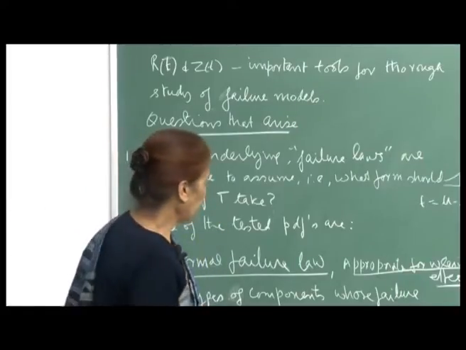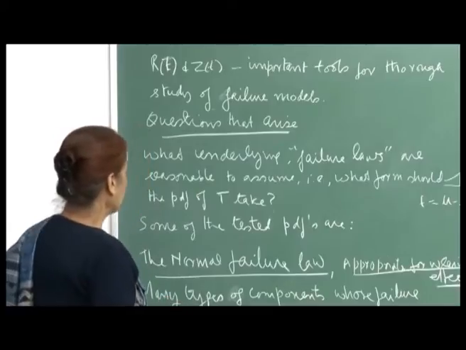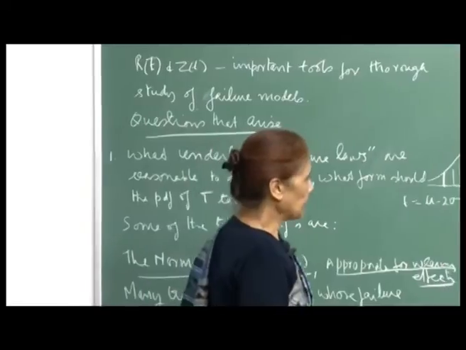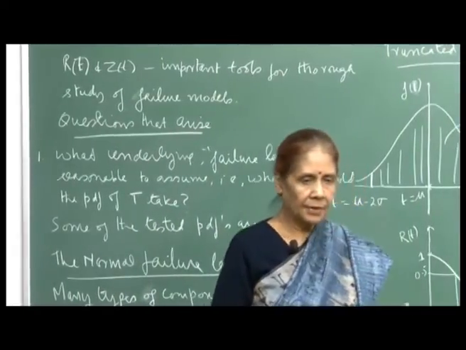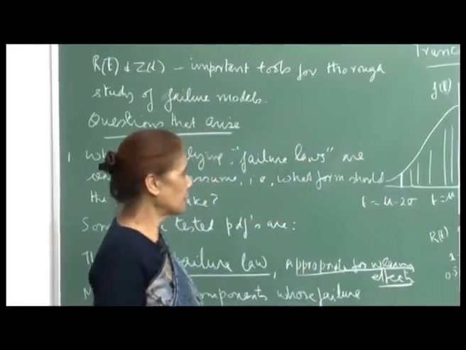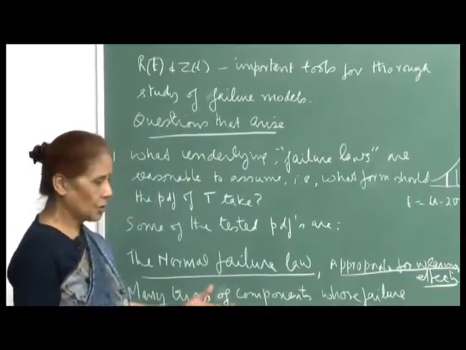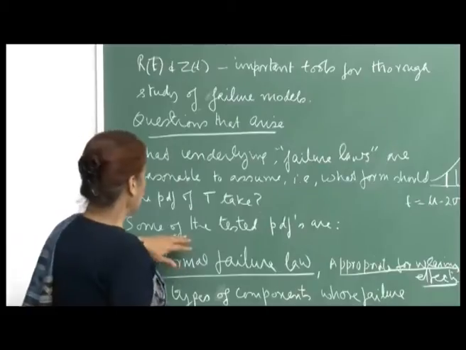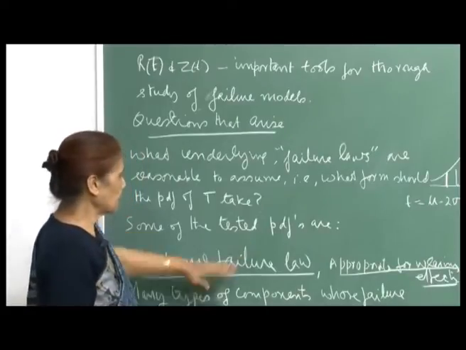And of course, people have collected data, and then tried to fit these various probability laws, which are normal, exponential, and so on. So, some of the tested PDFs we are going to look at.